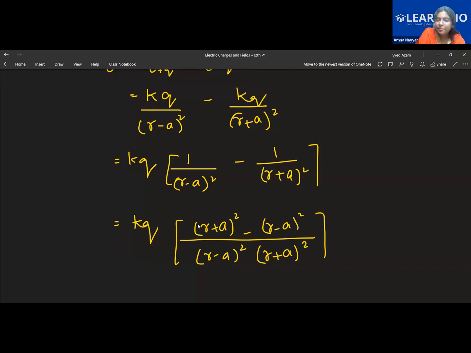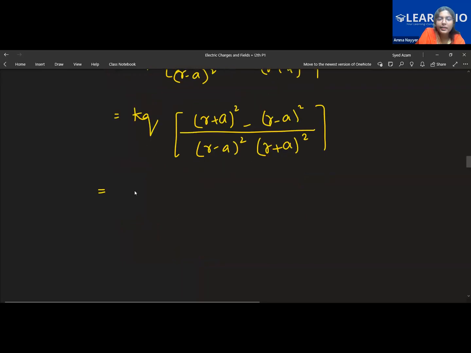We have taken the LCM. Now this is (a plus b) whole square and this is (a minus b) whole square, so we'll be applying the identity. This is KQ. Look, (a plus b) whole square is a square plus b square plus 2ab. Correct? Minus. Now this has the minus sign, so let's write it reverse. This has to be r square, but we'll write it as minus r square. This has to be plus a square, but due to this minus, it will become minus a square.